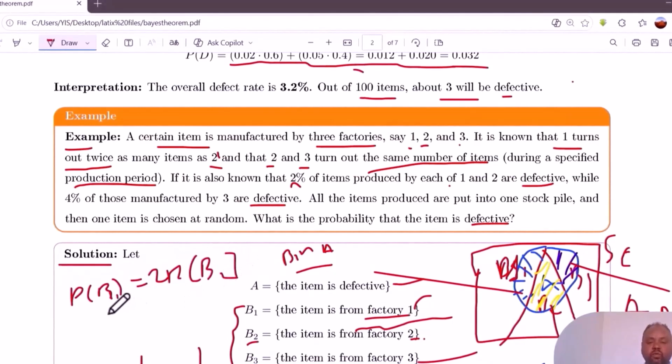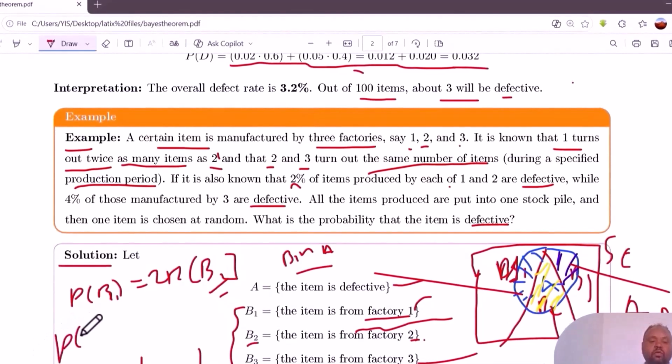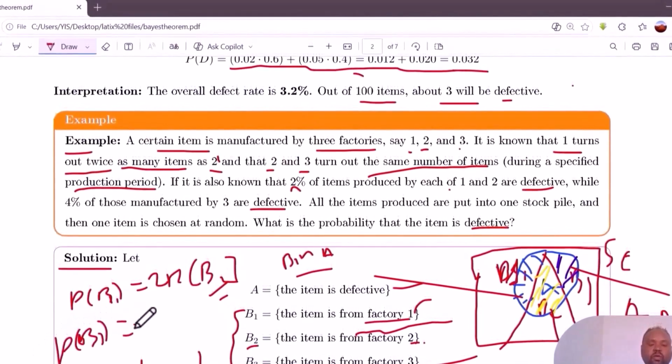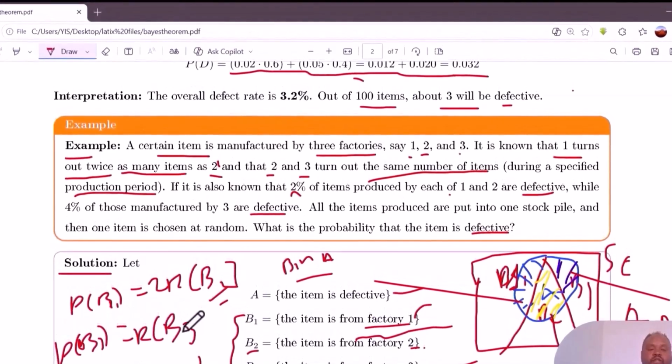B2 is machine 2, B1 is machine 1. And that machines 2 and 3 turn out the same number of items, so the probability of B2 is equal to the probability of B3.